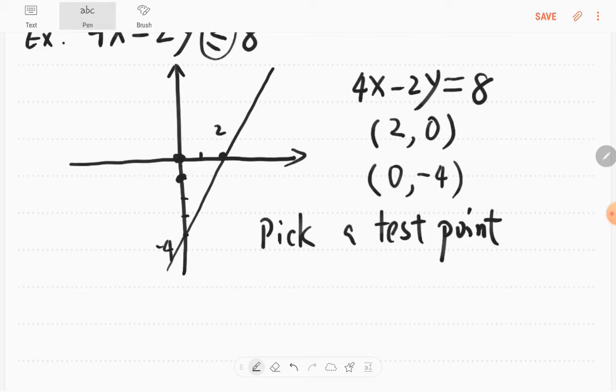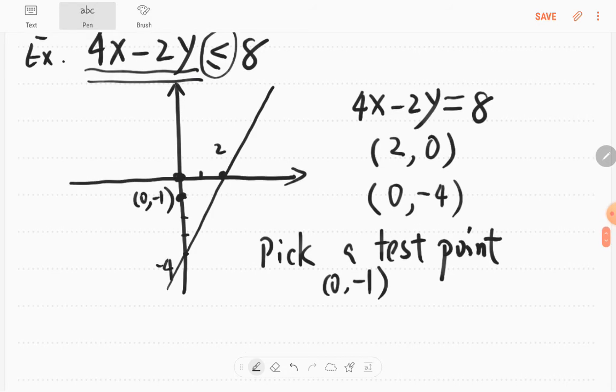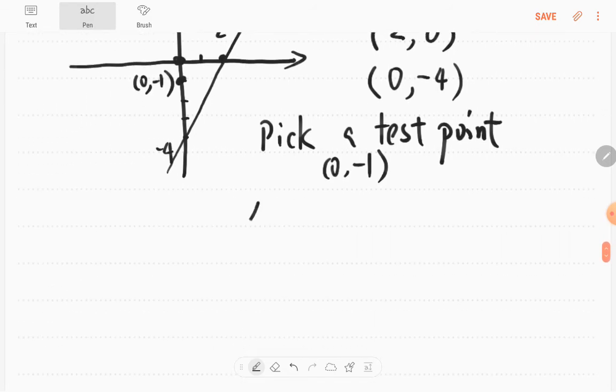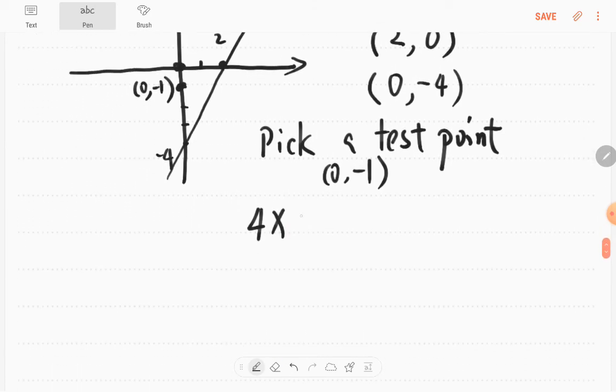This time we don't pick the origin. But most of the time, if you pick the origin, it's much more convenient. But for the illustration, I will pick an arbitrary point, which is 0, negative 1, right? Then we plug this point into the 4x minus 2y.